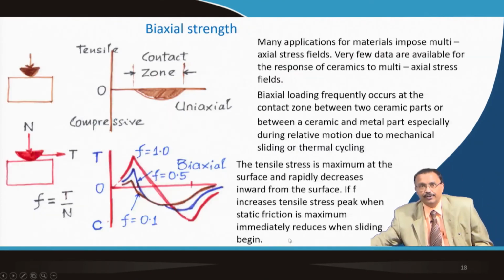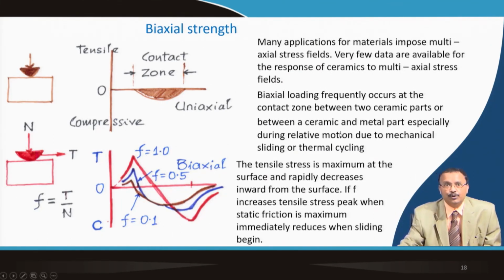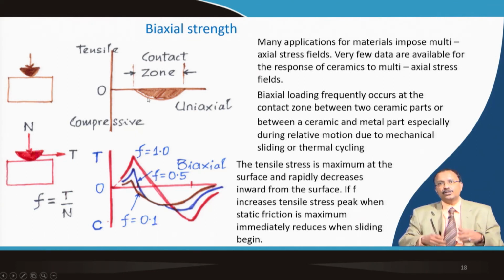Now, in case of biaxial strength, it is not only the uniaxial strength which is important, but also the compressive load along with the tension. There are many applications for materials that impose this multi-axial stress field, and very little data is available for the response of ceramics to multi-axial stress fields.